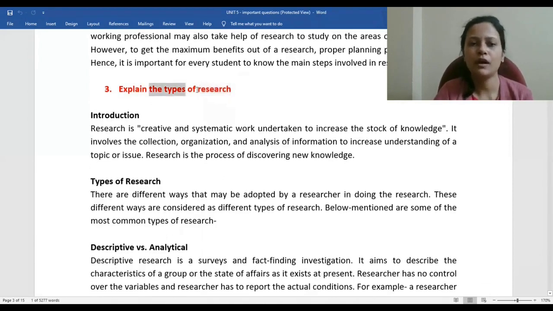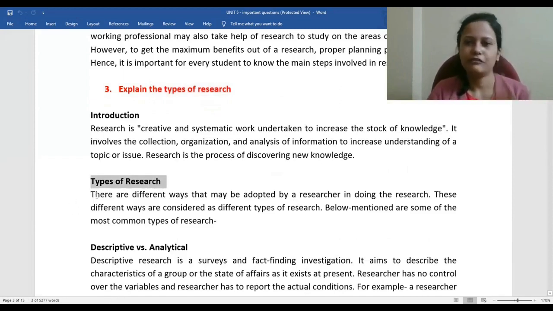So when we talk about types of research, it's not specifically limited to legal research. It's in general, okay? It might be some topic on sociology, some topic on maybe child development, some other topics also, these same types we have. Okay, so we will be looking at some of the different types of research.